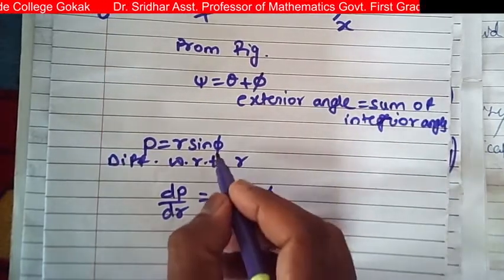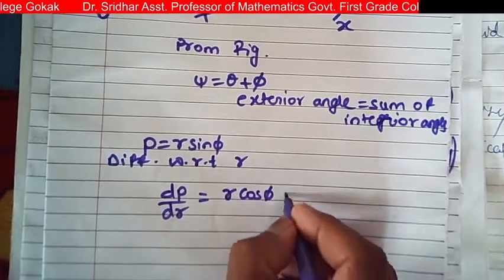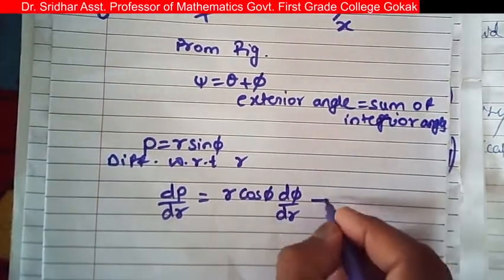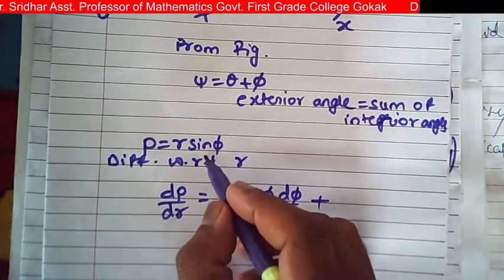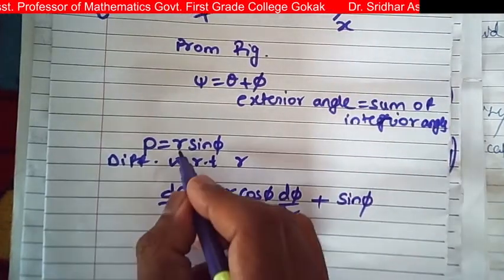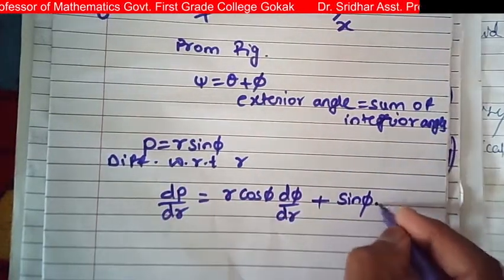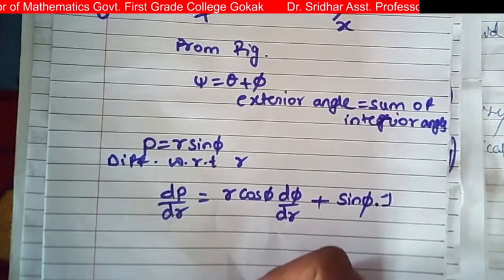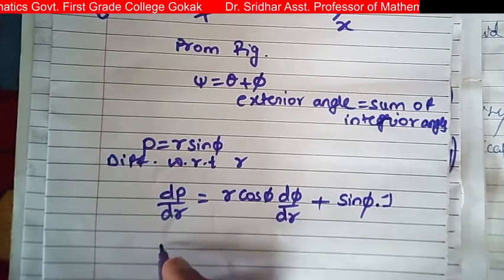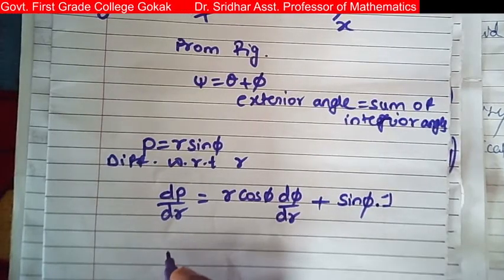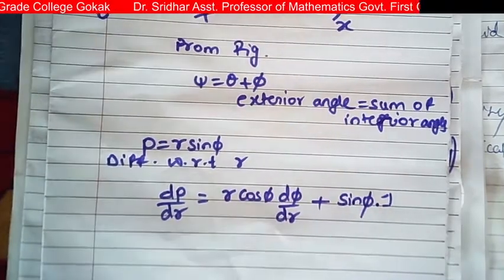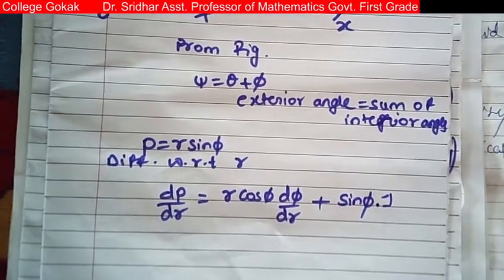Again, by applying the chain rule, differentiation of phi with respect to r, d phi by dr, plus the second one as it is, sin phi, and differentiation of r with respect to r is 1, so sin phi into 1. Now we find the cos phi value. How to find the cos phi value?